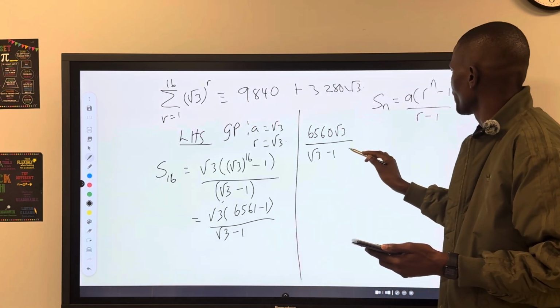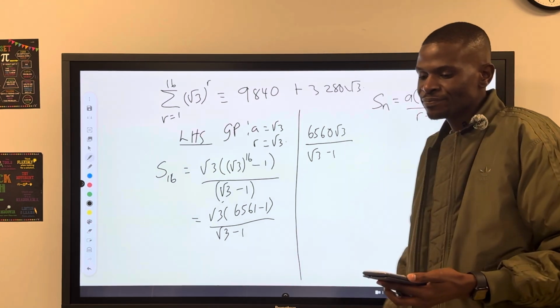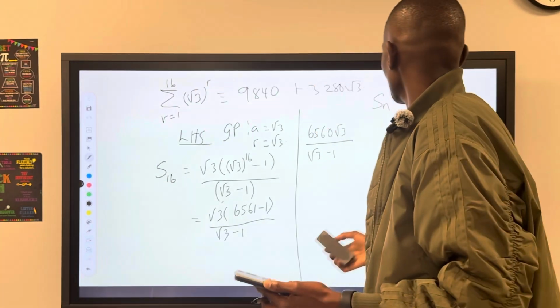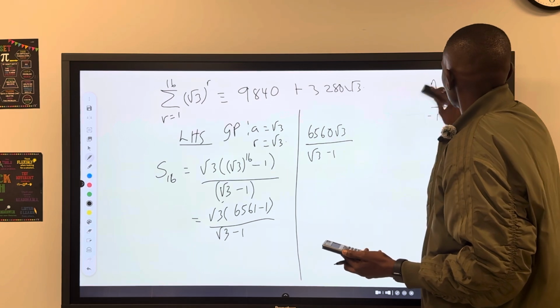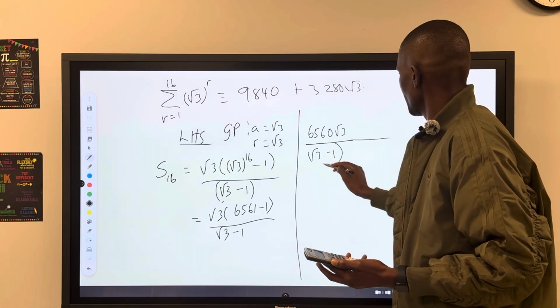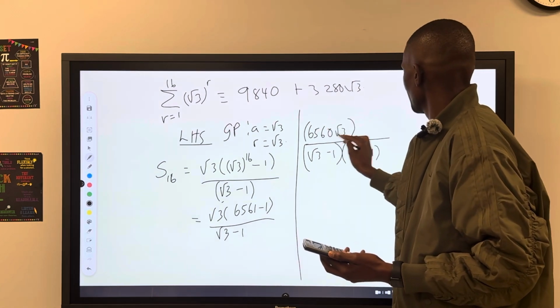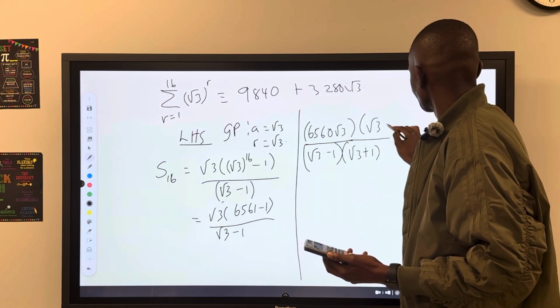So here we can rationalize, right? By rationalizing, we are trying to make the denominator a whole number without the radical. So we rationalize by multiplying top and bottom by the conjugate, right?